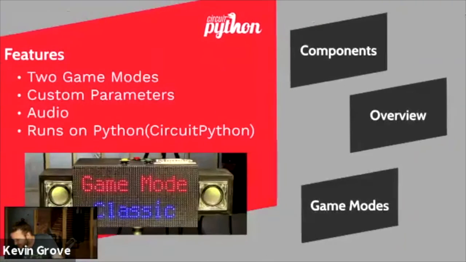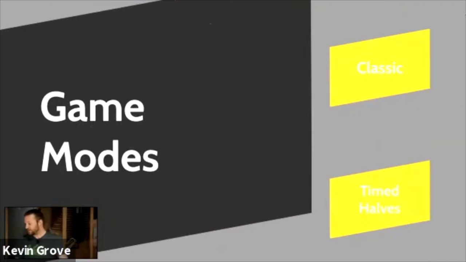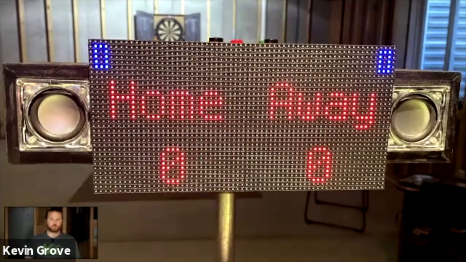But yeah, so on to the different game modes. So we've got classic and timed halves. Classic is your first to 10 or whatever you want to set the high score to. And you also have a best of parameter that you can edit with the buttons. It's a bad lighting picture, but the two numbers at the top indicate the best of.